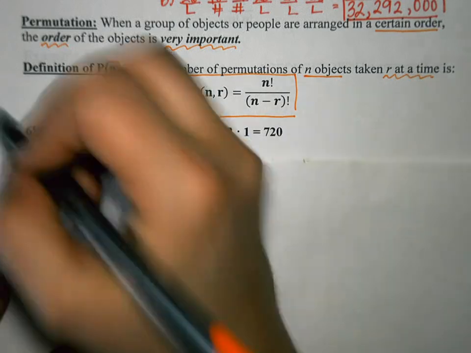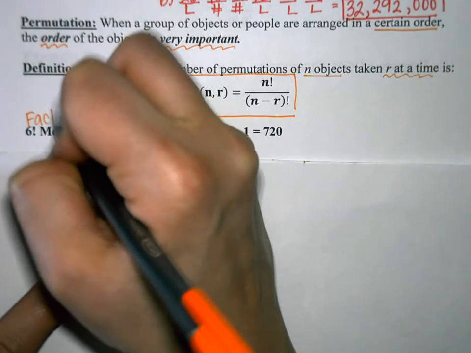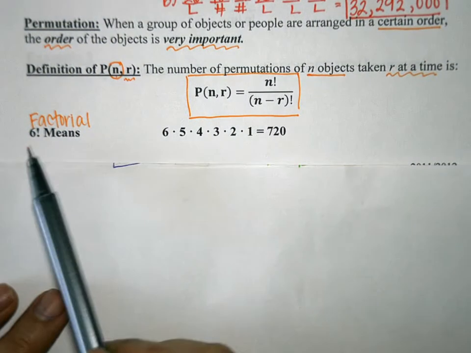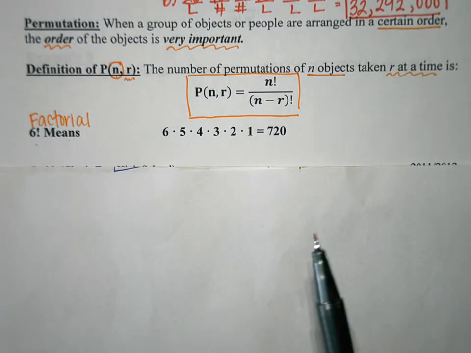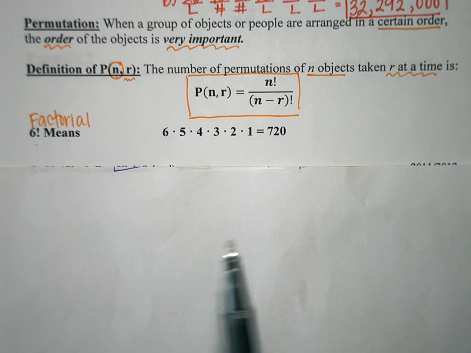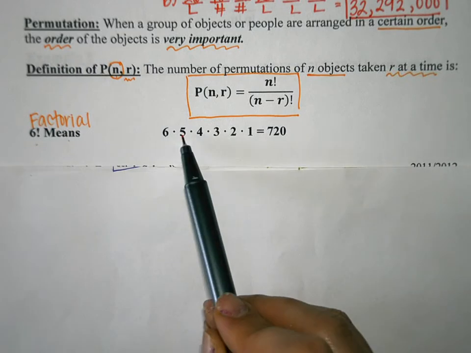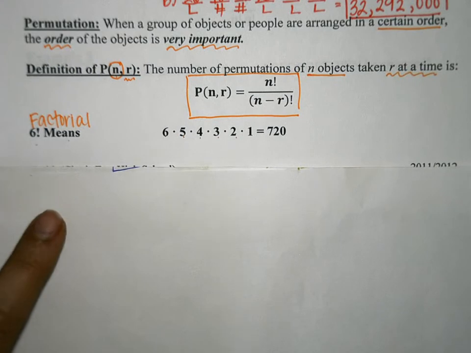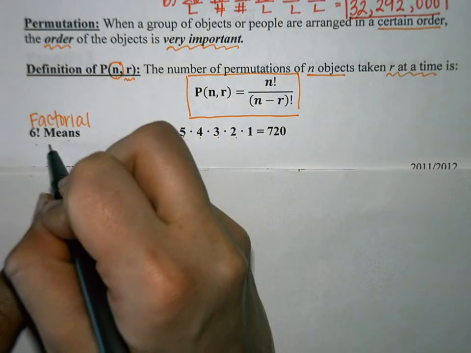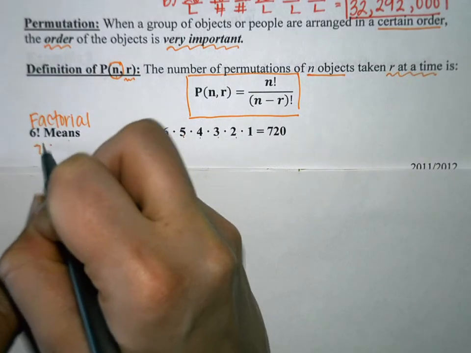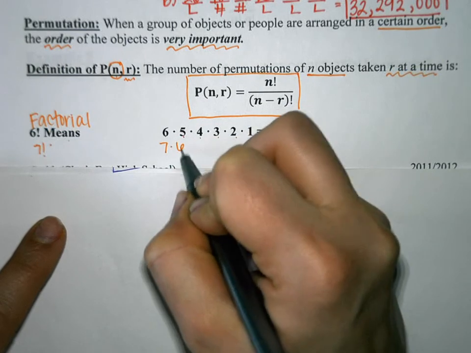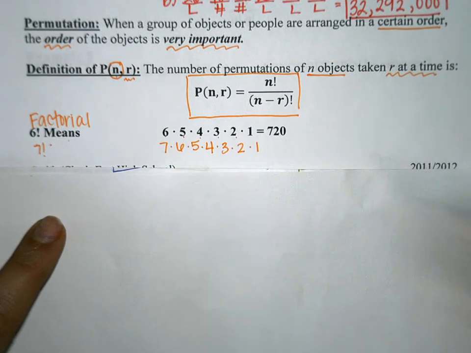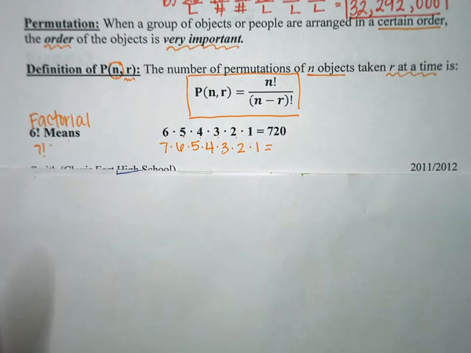So factorial means that if I take, say, 6 factorial, I'm multiplying everything from 6 all the way down to 1. So 6 times 5 times 4 times 3 times 2 times 1. If I asked you to find 7 factorial, that would be 7 times 6 times 5 times 4 times 3 times 2 times 1, and then whatever the answer comes out to.